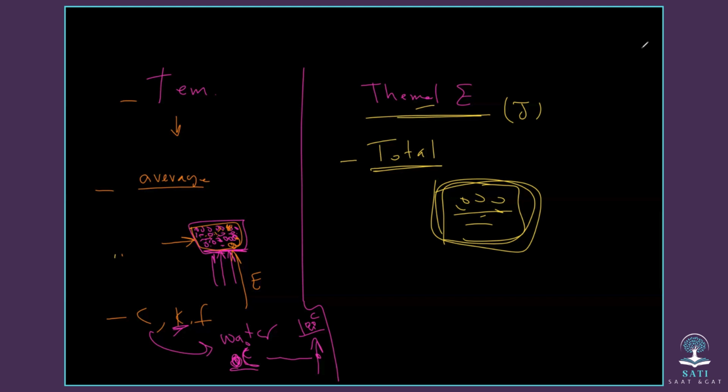But it's not the same for temperature. When the number of particles increases, it doesn't mean temperature will increase. No, only thermal energy, because it depends on the total kinetic energy of all the particles, but temperature is only for the average, and the average is not related to how many particles there are.